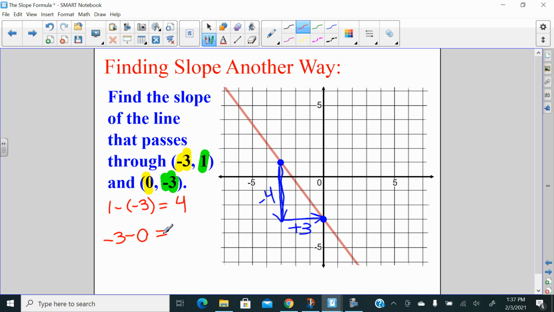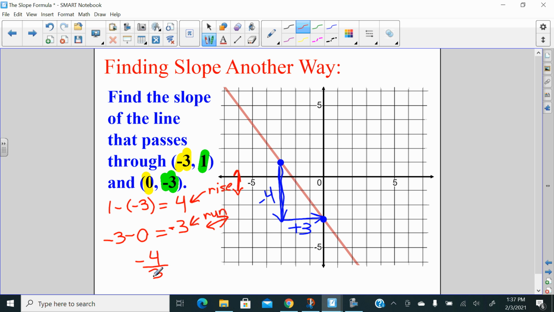What's that giving you? -3. Remember, these were my y's, so that's my rise. These were my x's, so that's my run, because this was going side to side. The y's would be the up and down, and I'm still getting -4 thirds.